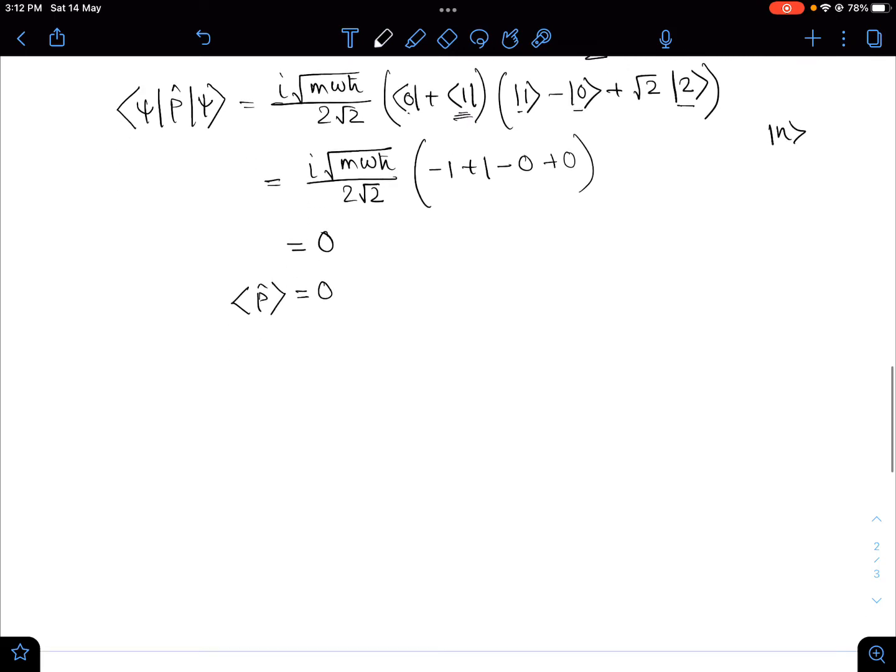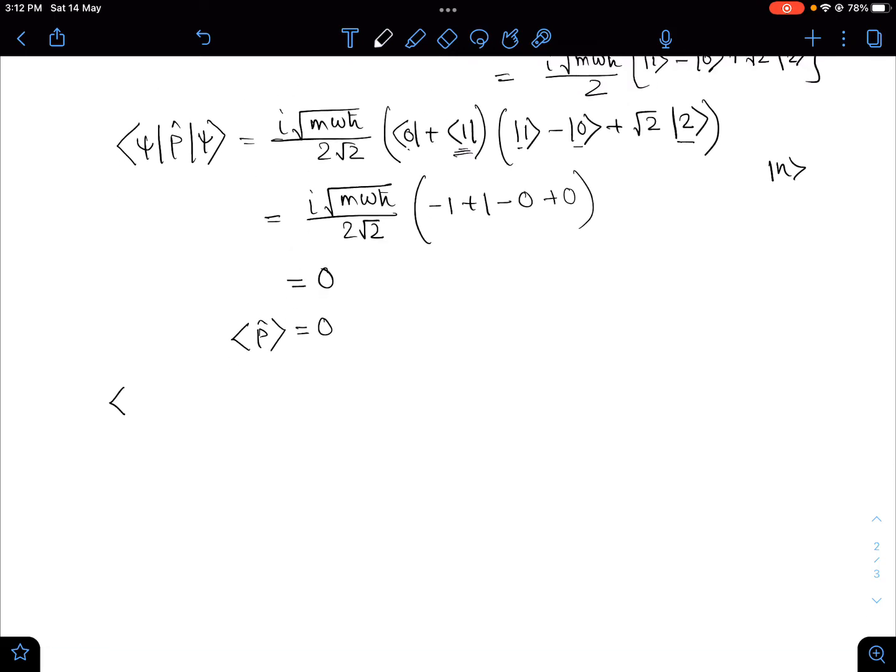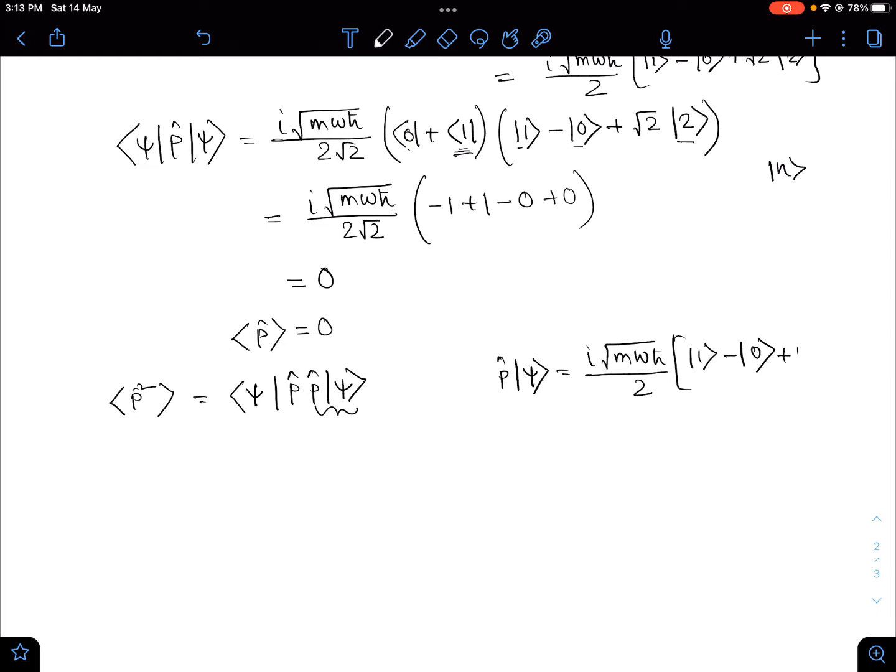Now we have to find the expectation value of P squared. That means <psi|P P|psi>. Now P|psi> we know is i root(m omega h cut by 2) multiplied with (|1> plus root 2 |2>).